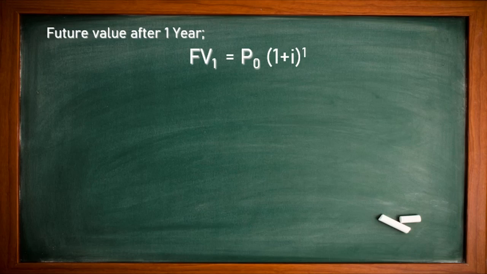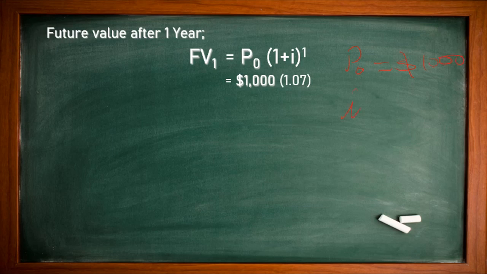The future value formula is FV = P0 (1 + I) power 1. So we are going to invest 1,000 at 7% interest for 1 year. I will explain for more understanding. P0 is the principal amount we are going to invest, that is $1,000.